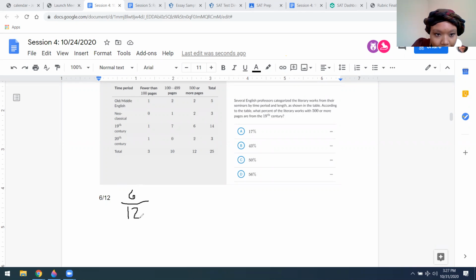So MJ, what is 6 divided by 12? And I'll give you a hint if you want a shortcut. These are both even numbers, so you know that they're at least divisible by 2 and possibly divisible by a bigger number than 2.